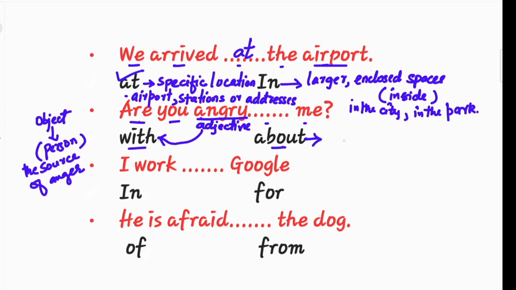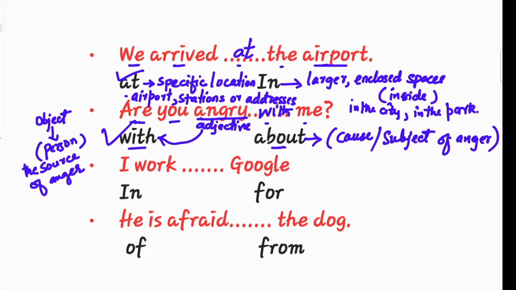About is used when referring to the cause or subject of anger. Example, angry about the news. So here we use with. Are you angry with me?